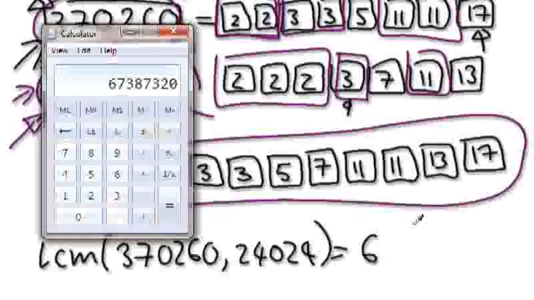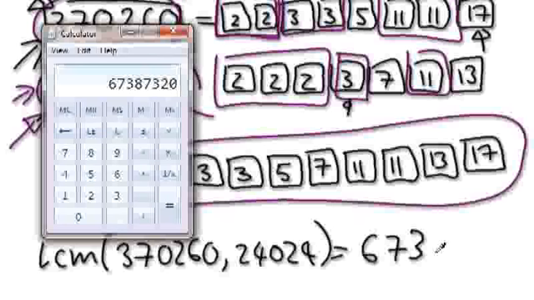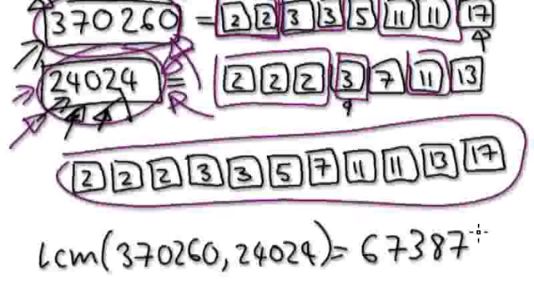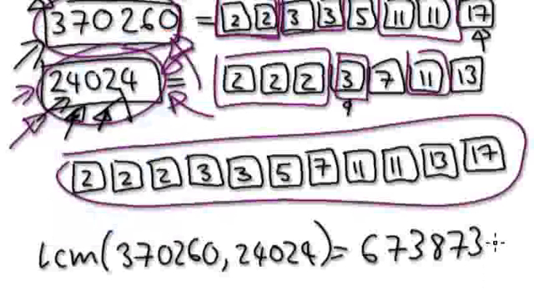So it would be 6,738,720. So this will be your lowest common multiple.